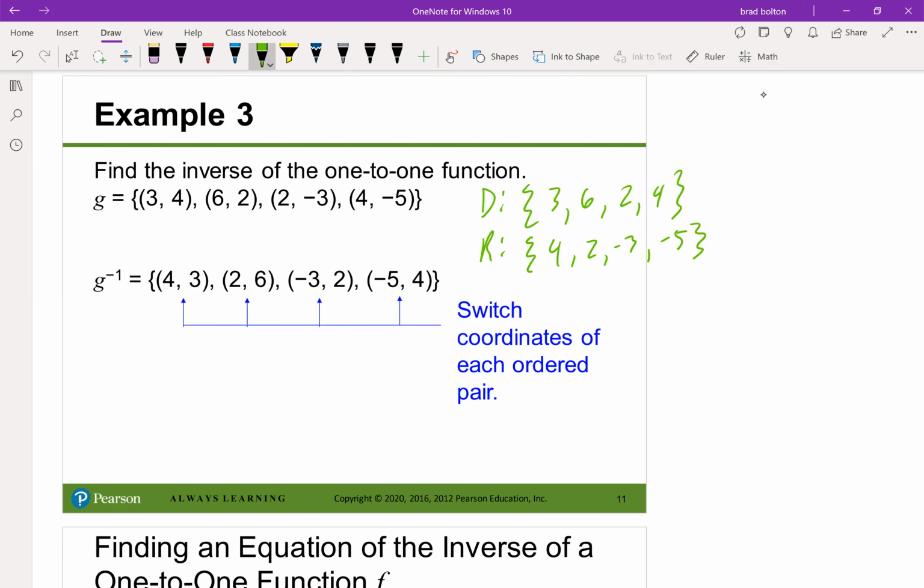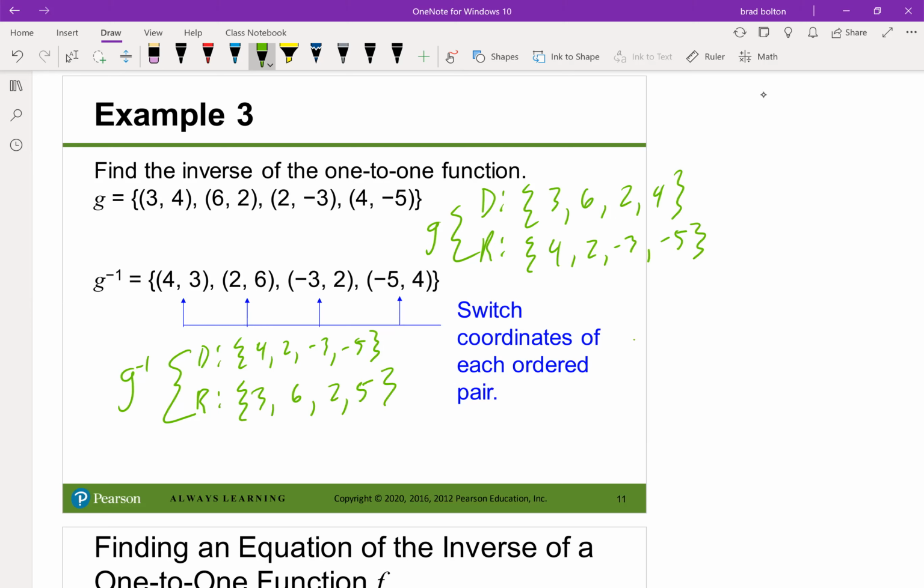So this would be the domain and range of g. Okay, so if I wanted to do the domain and range of g inverse, here's the domain. The domain would now be 4, 2, negative 3, negative 5. And the range would now be 3, 6, 2, 5.